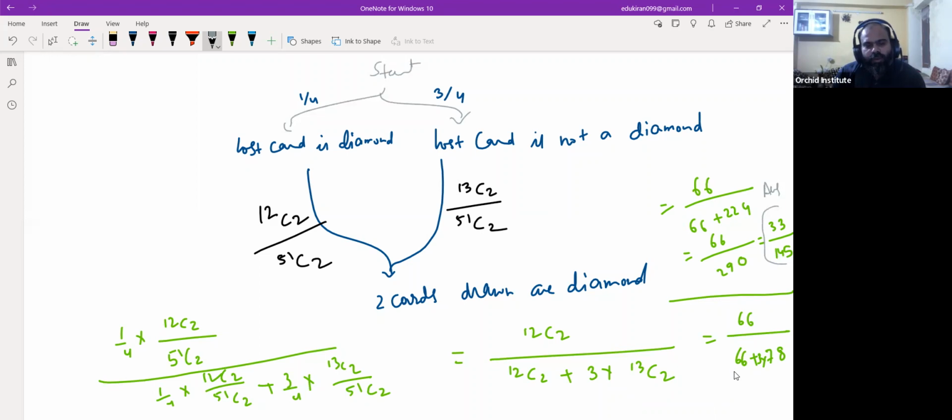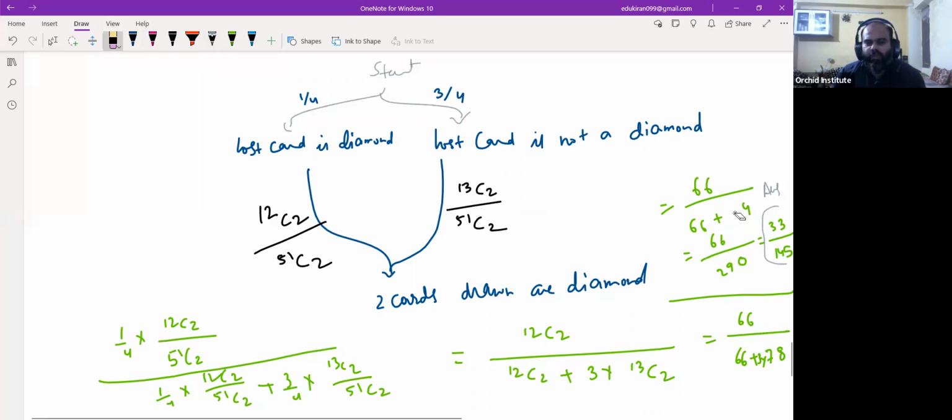It will be 12, 6 into 11, 66. It will become 66 by 66 plus 4, 8, 3, 24. Oh, some calculation mistake is there.